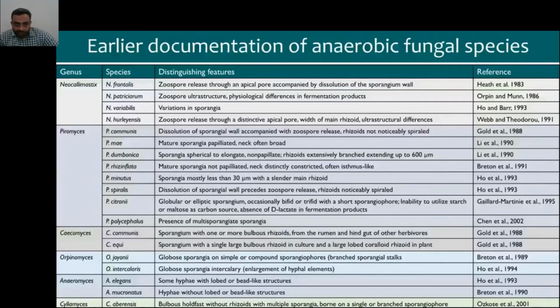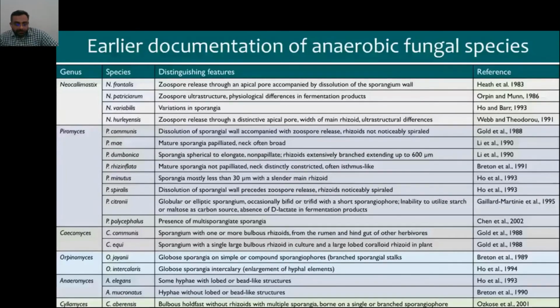So the taxonomic classification at the genus level was pretty straightforward. But what happened eventually for species classification, there were many features that were used. The most common was the variations in the shape and size of the sporangia or in the rhizoidal structures.